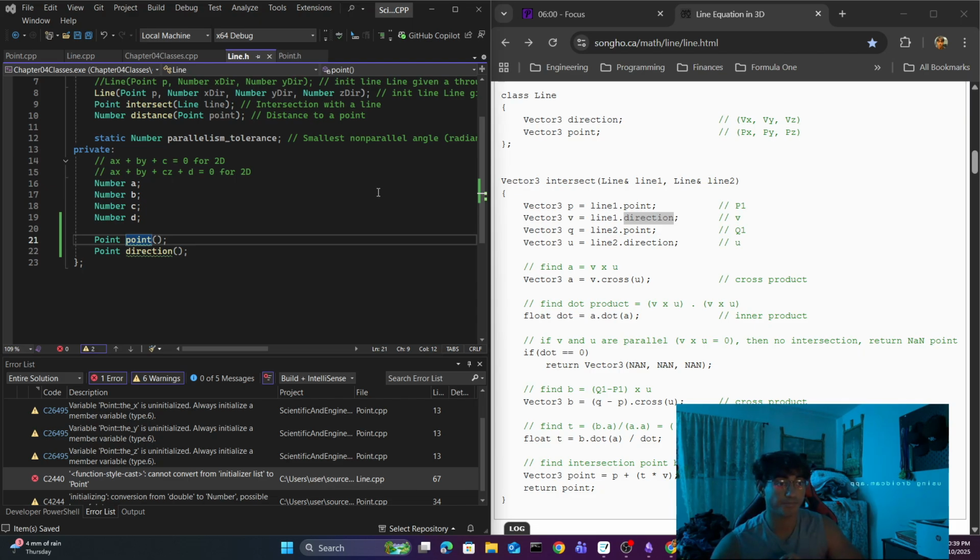Yeah, I don't know. We gotta make these point and direction point objects private member variables. Oh, I don't think I have these. There we go.